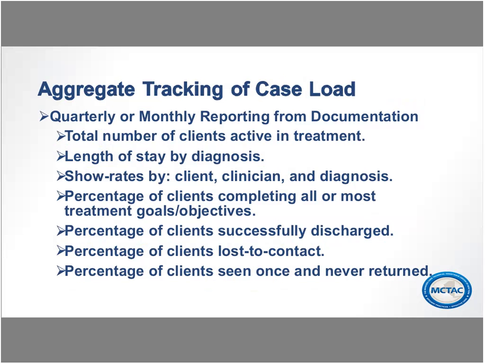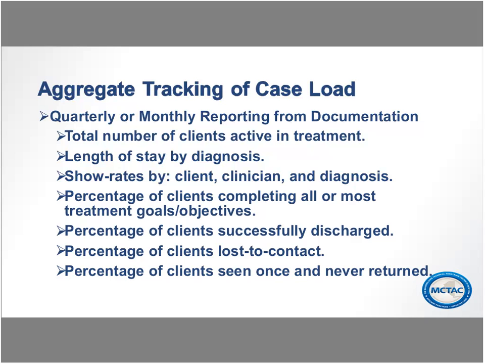Aggregate tracking of caseload. So moving from the treatment plan review specifics to an entire caseload for a clinician. Quarterly or monthly reporting from documentation. This is where our electronic health record, medical record systems can come in very handy. Hopefully they can pull these reports for us.